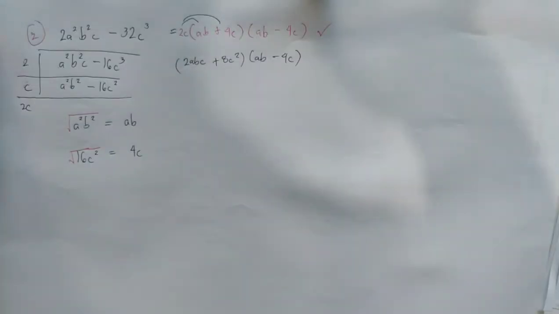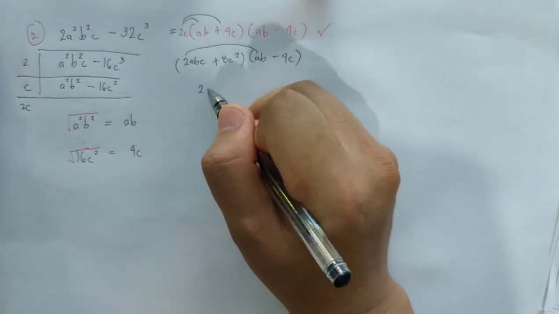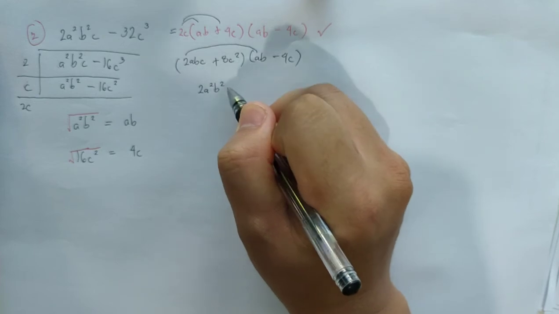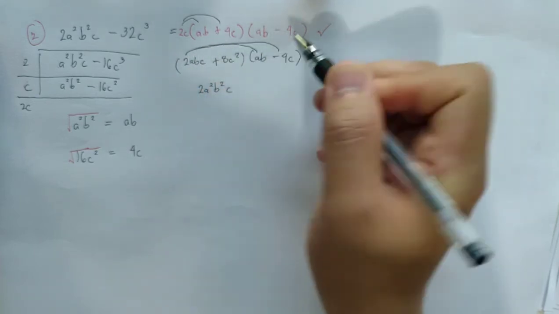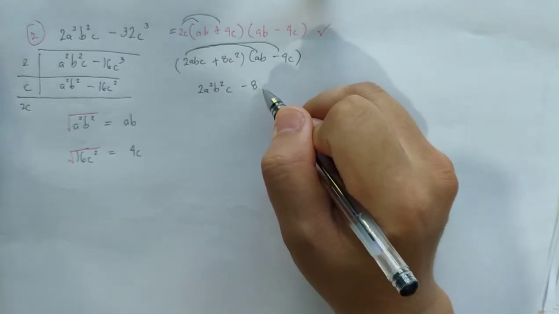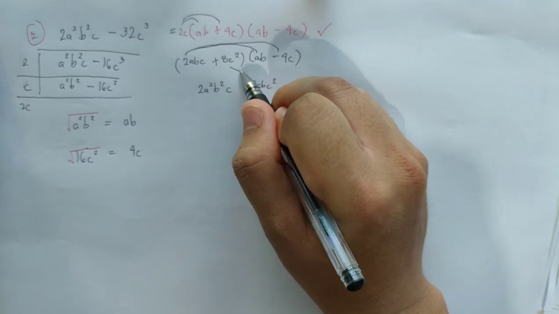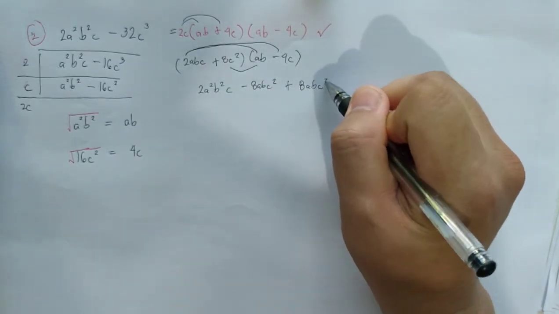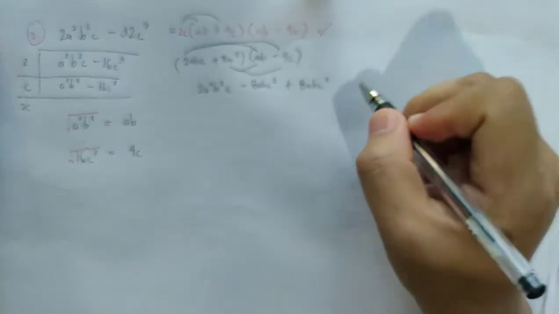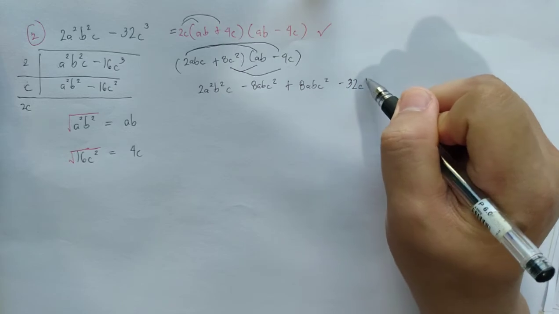Then, FOIL method tayo. 2abc times ab is 2a squared b squared c. 2abc times negative 4c is negative 8abc squared. 8c squared times ab is equal to positive 8abc squared, and 8c squared times negative 4c is equal to negative 32c cubed.